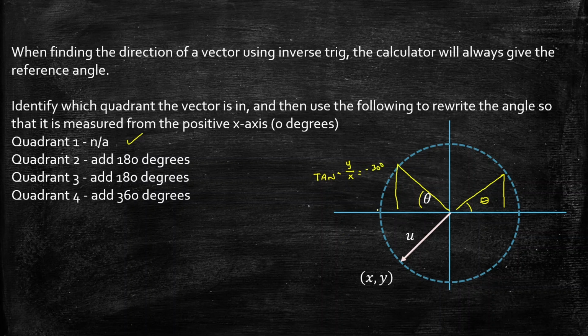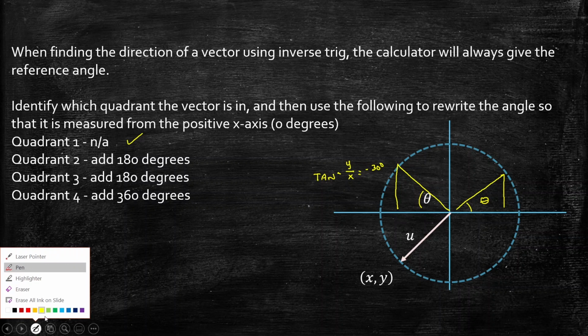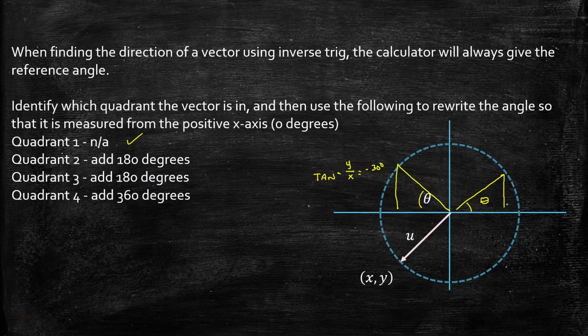I'm going to take that negative 30 degrees and add it to 180. Negative 30 plus 180, of course, is 150. And if I look at that from the perspective of starting at the origin, or at 0, and going around to here, that is 150 degrees. So that checks out for me. Then if I'm over here in this quadrant, because my x and y are both negative, my tangent value is going to be positive.